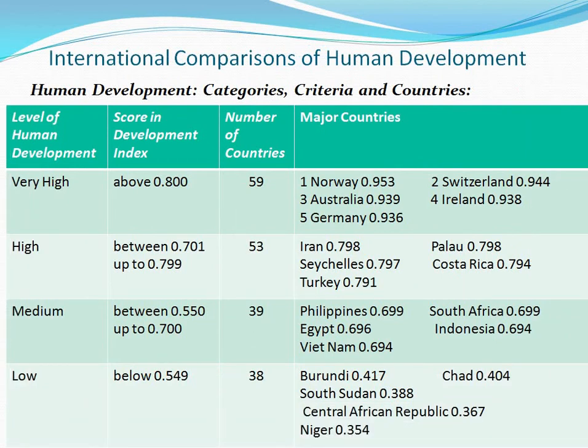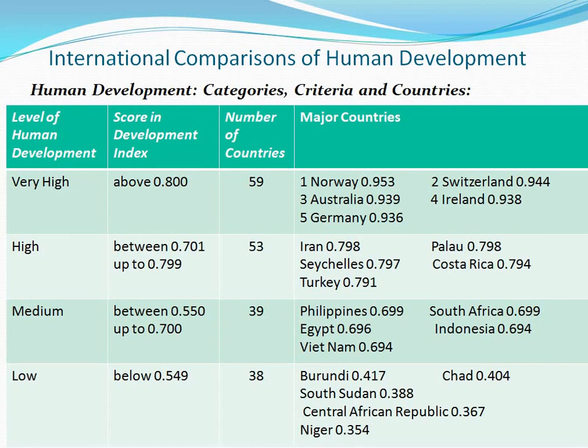Now, countries of the world can be compared on the basis of human development. Countries are categorized in 4 categories: very high, high, medium and low. Very high, which score is above 0.800.